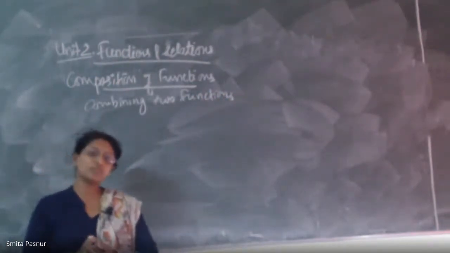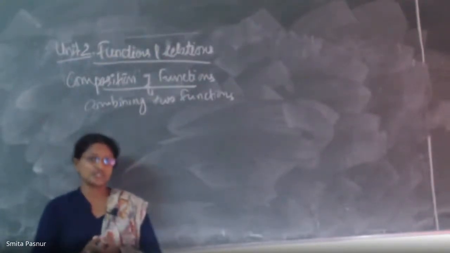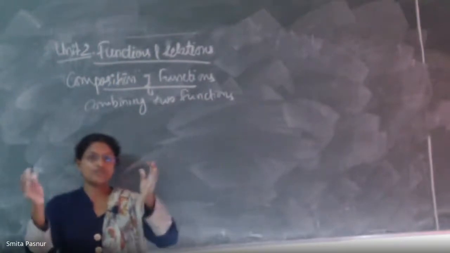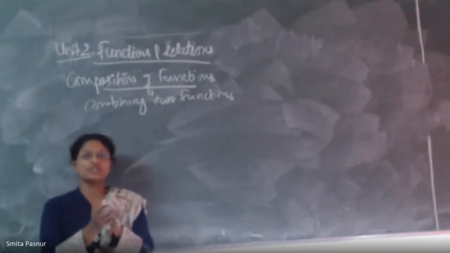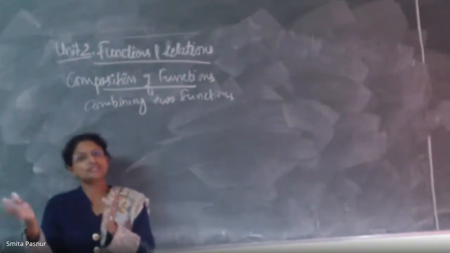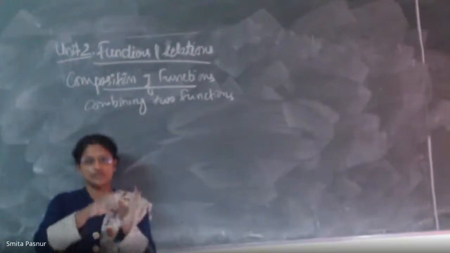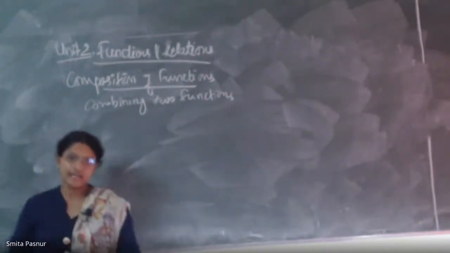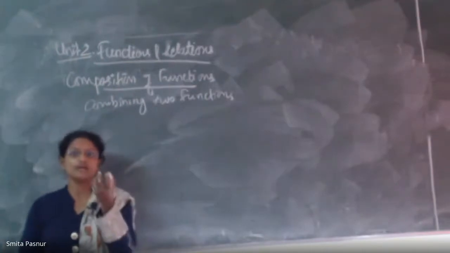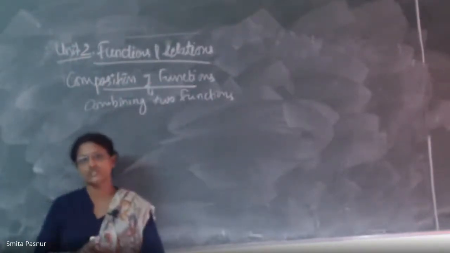Now how are you going to combine these two functions, or what is the purpose of combining two functions? If two functions are brought together, then the output of the first function is given as input to the second function. Understood? In this way you can combine both functions, and that is what we call composition of function.